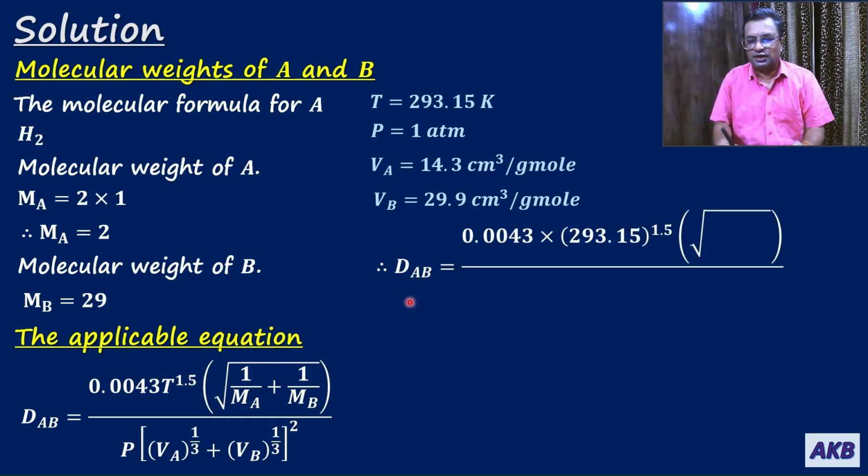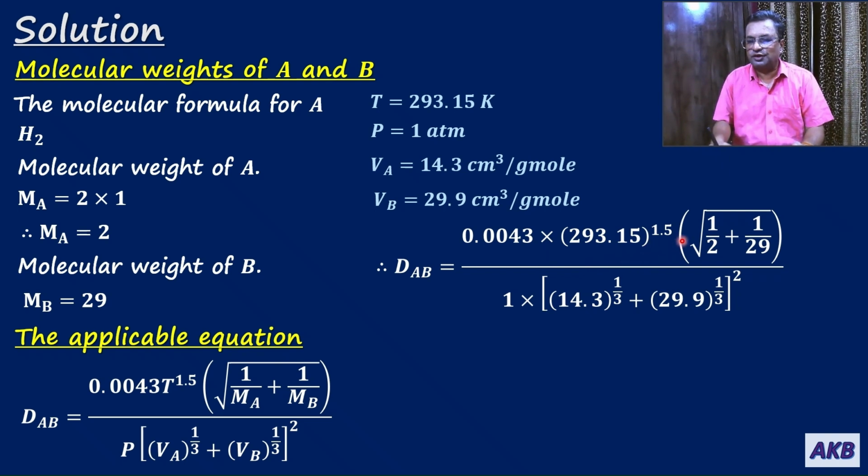So when we use the values, DAB will be equal to 0.0043 into 293.15 raised to 1.5 into under root of 1 by 2 plus 1 by 29, where I have used Ma is 2 and Mb is 29, divided by 1 into (14.3 raised to 1 by 3 plus 29.9 raised to 1 by 3) and square of this sum.